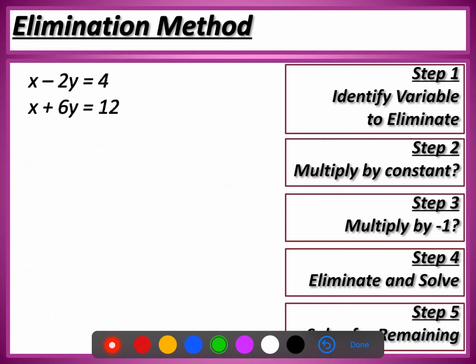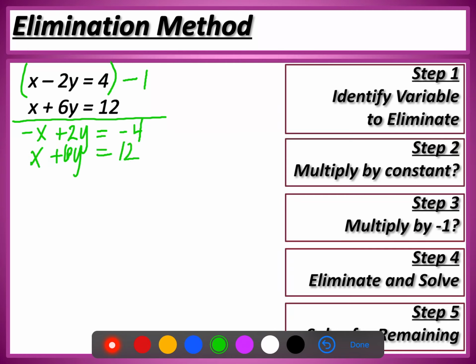Okay, so something that we can do here is multiply the entire equation, and I'm going to use a -1 because the only problem that I have is it's the wrong sign. You want to make sure that you multiply through to every part of the equation, otherwise you are changing the value, and now it's not the same system.